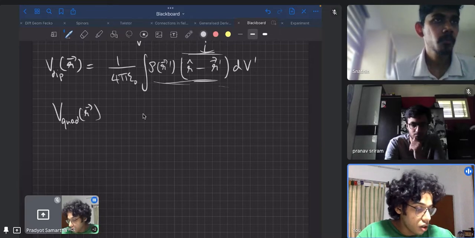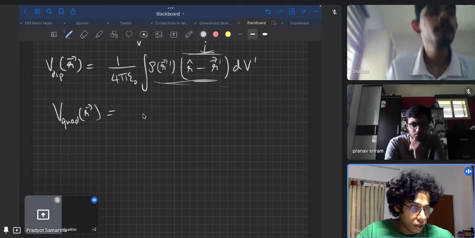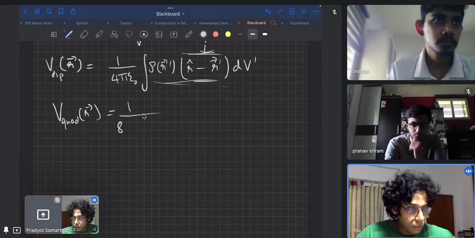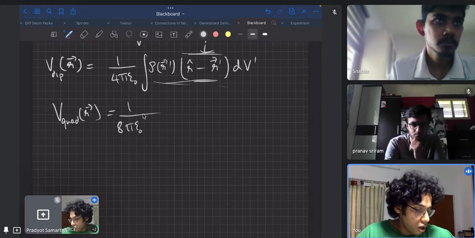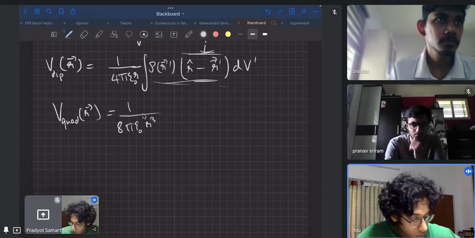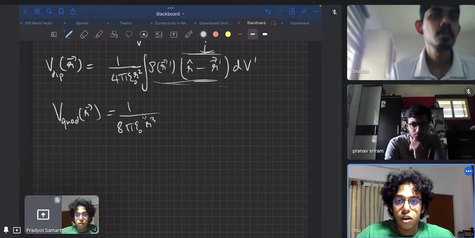which comes in the third order, like the second order expansion, that has 1 by 8 pi epsilon naught R cube. Okay, by the way, here I made a mistake. I have to write R square here, right?